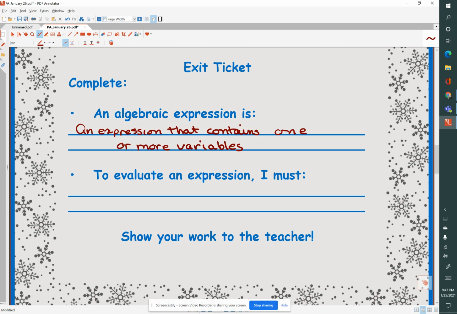To evaluate an expression, I must substitute the variables with their given values. And then I follow the order of operations.